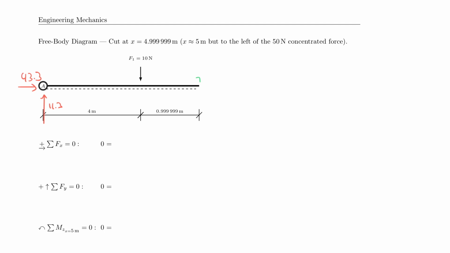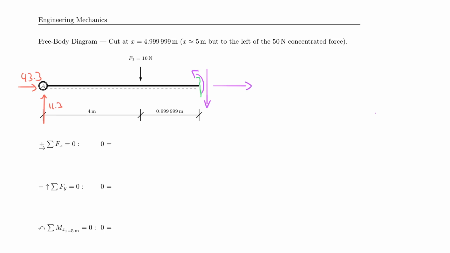I'm cutting right here, and I therefore have to now bring in my external forces, which are technically internal forces, but I bring in my shear force, I bring in my normal force, and I bring in my moment. And of course, I need to assign proper direction according to my study card. The moment turns counterclockwise. My shear force is going down and my normal force is pointing to the right.